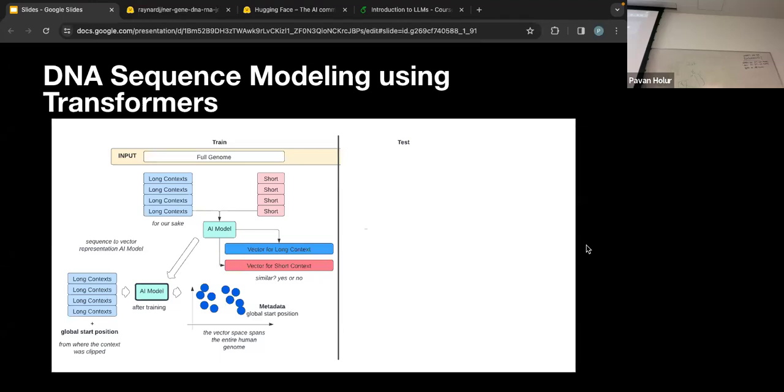The 1000-length chunks are mapped by this trained AI model into a space. Think of these points as anchors. Say I am initializing a party on frat row, and all these blue points are people who have been invited to the party.